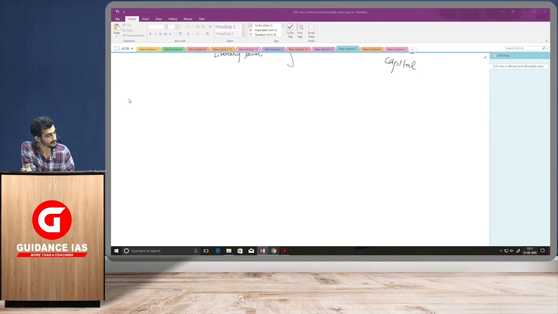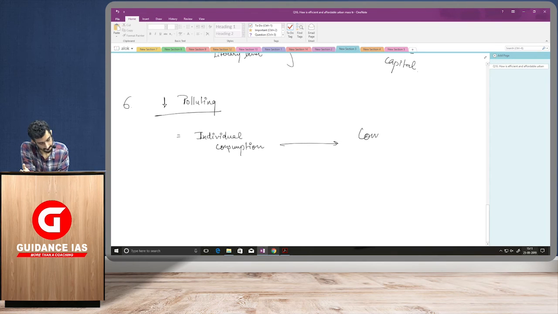Also, fast transport will be less polluting, and if efficient then it will be even less polluting. So it will transform individual consumption patterns towards more community based consumption.